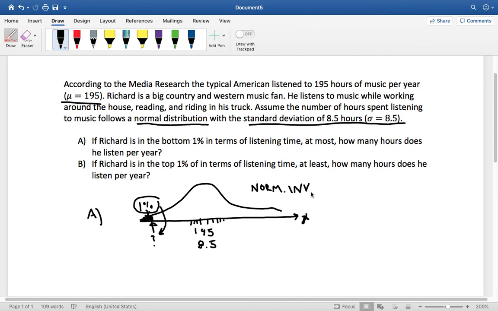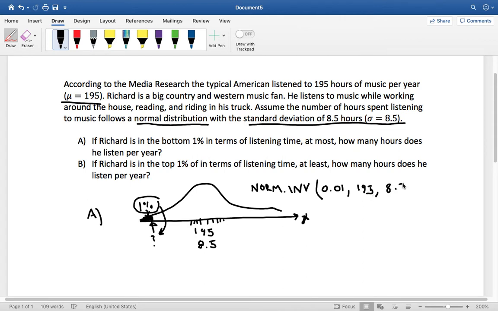We're not going to standardize. Excel works to the left, so I need the probability to the left, which is 0.01. Then I tell it the mean, which is 195, and the standard deviation, which is 8.5.